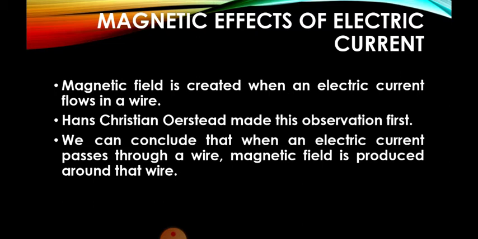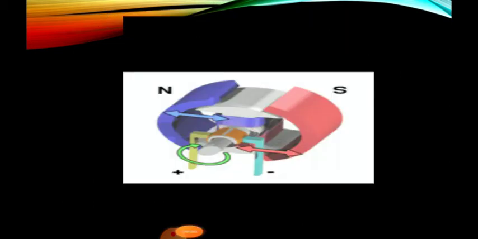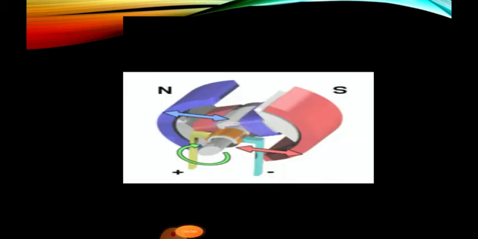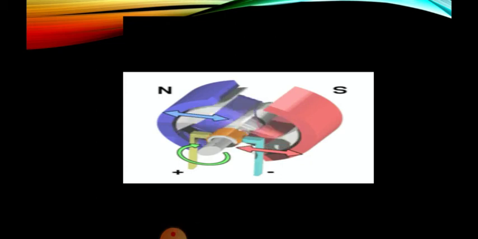So do you think it is a useful discovery? Yes, my dear students, it is a very useful discovery, because of which the electric motor was invented. And you know, the electric motor is used in all different electrical gadgets.